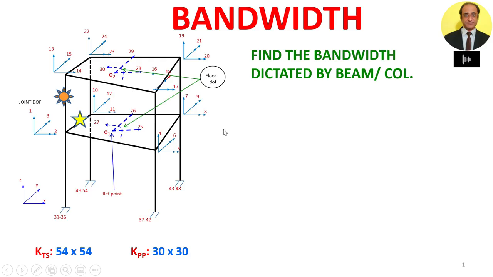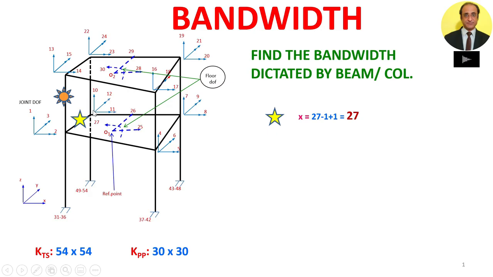So these members we can think of for determining the bandwidth. Now coming to the beam member, let's find out the governing parameter x, which is the difference between the maximum and the minimum degrees of freedom connected by that particular member.